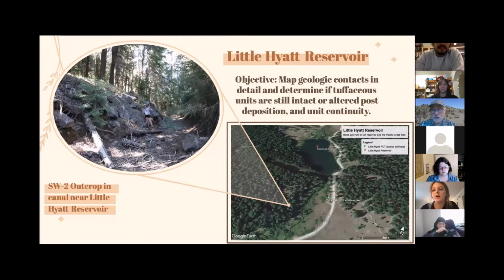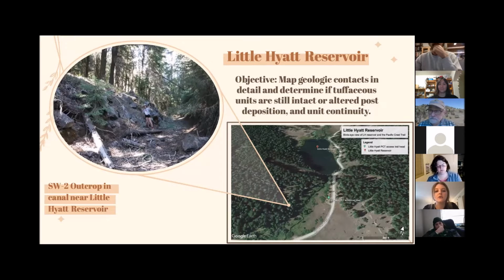So the Little Hyatt Reservoir objective that we had was that we wanted to go through and double check the mapping that was already done, and just to follow the contacts and see what actually was going on in a little bit more detail. In the area, there's quite a bit of landslides that cover most of the tuff, which is difficult when you're trying to decide where this is all coming from.